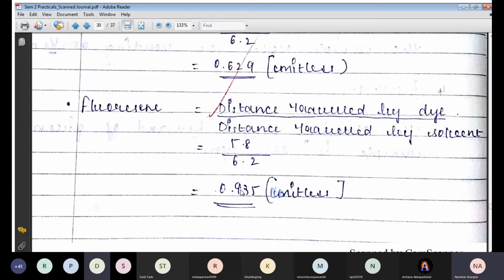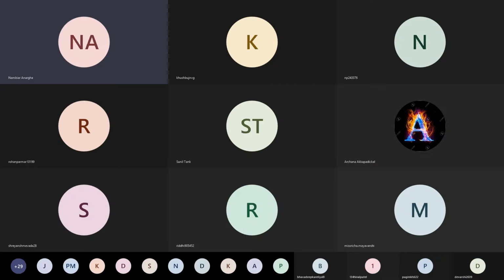Yes, ma'am. You don't want me to repeat it again, right? No, ma'am. Okay, good. So let us see a video of separation of dyes first, and then we'll see the procedure of spotting and calculating.